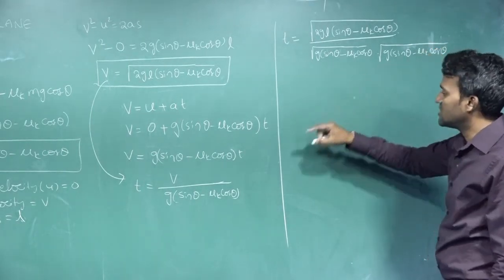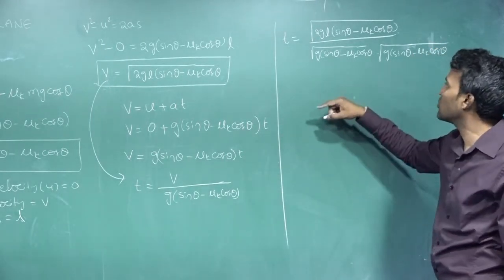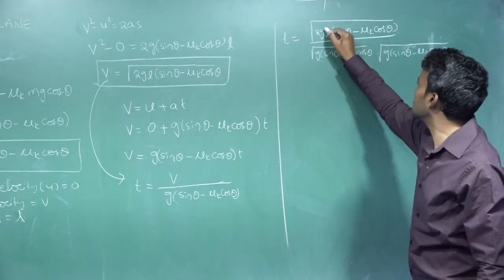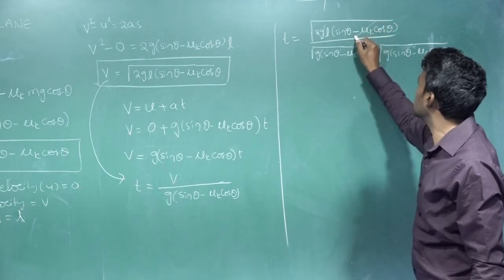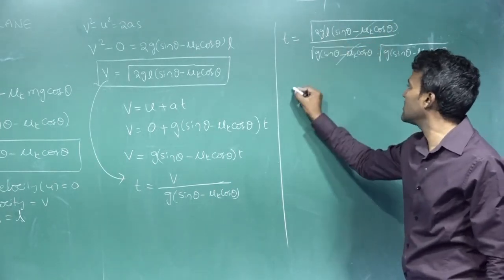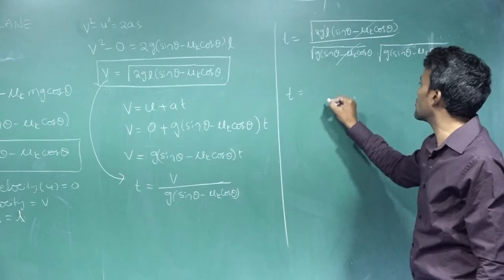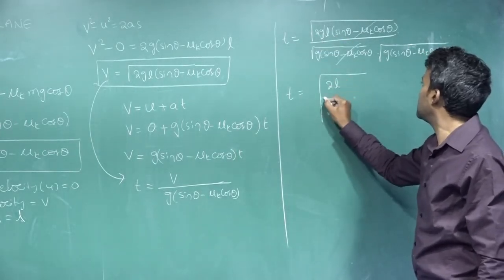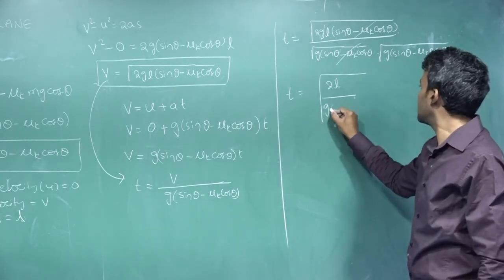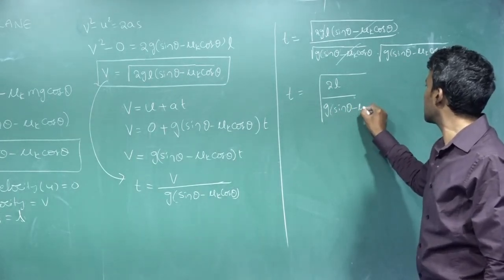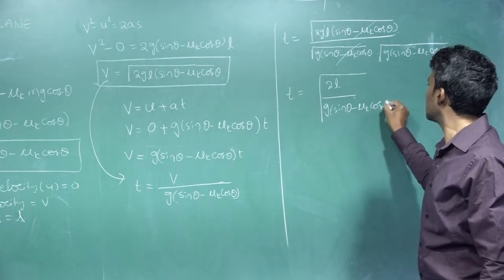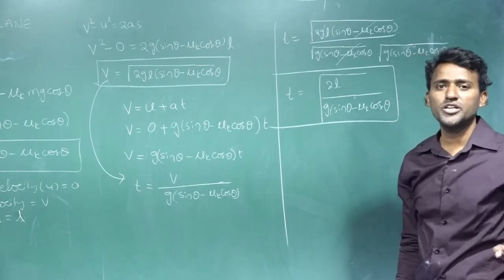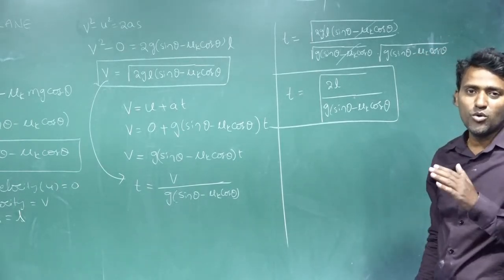See here, I am writing this one as root into root. One root of g sin theta minus mu k cos theta gets cancelled. What remains is t equal to root of 2L divided by g sin theta minus mu k cos theta. This is the time taken by the body to reach the ground from top to bottom.